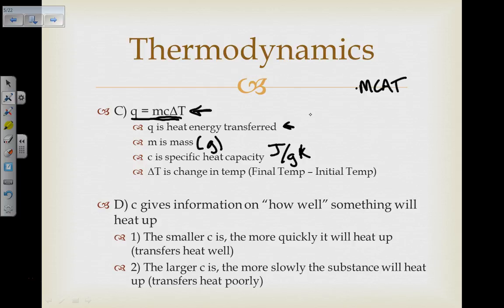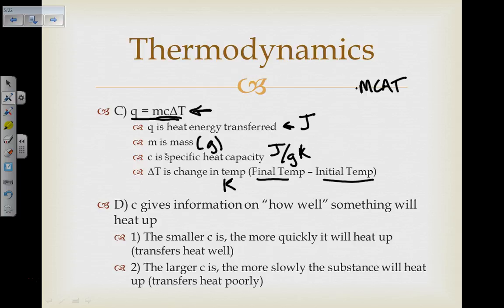Okay, and the change in temperature is measured in Kelvin. And remember, anytime it's a change in anything, you always use final minus initial. I guess I should tell you that any energy, whether it's heat energy, electrical energy, potential energy, kinetic energy, whatever kind of energy you're talking about, energy is always measured in joules.